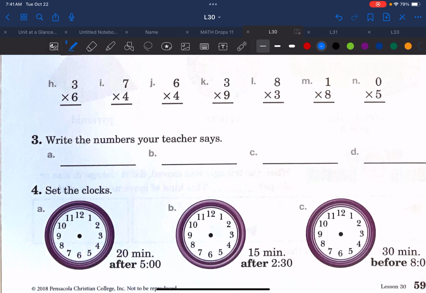Okay, so A, the number that you need is 529,643. Please write it or pause the video because I'm about to show you the answer.